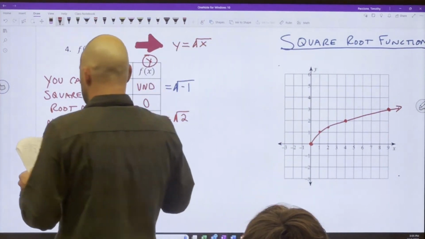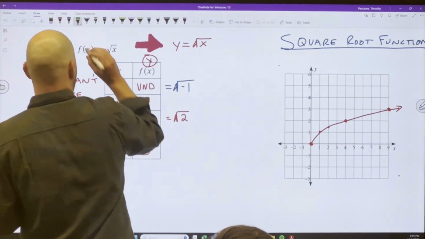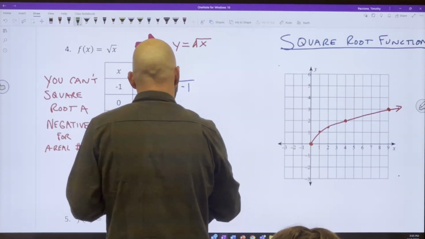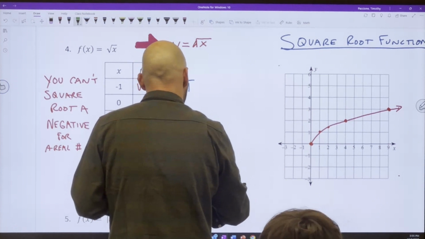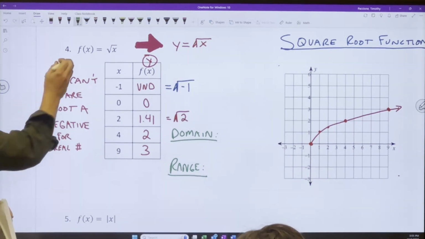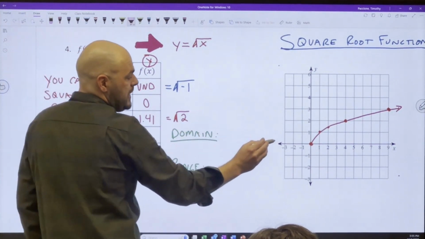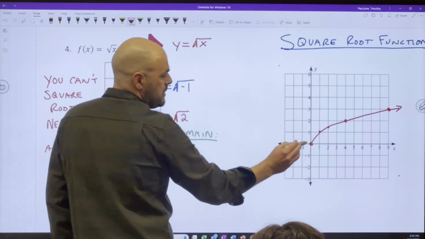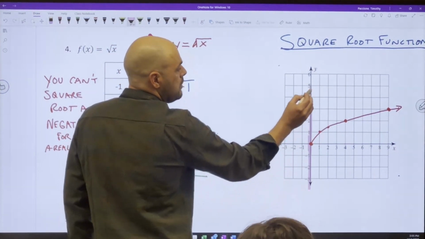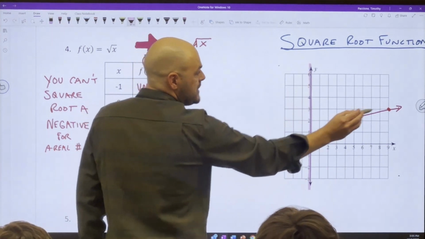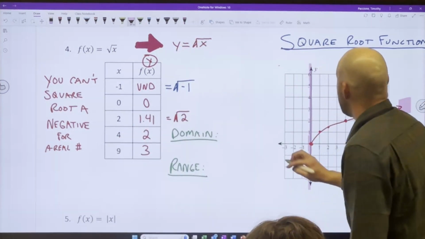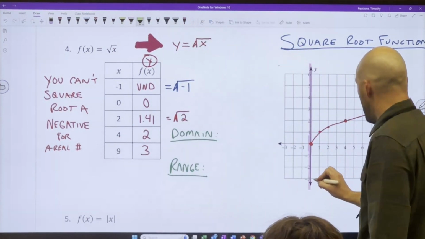All right, so let's talk domain and range. Again, you want to scan this graph for domain and range. I'm going along the x-axis until I see something. Where do I see it? Boom, right here, and I build a wall. And then, do I see any limit over here? No, so it goes to infinity. Coming from the bottom, I'm going to scan on the y until I see a point.